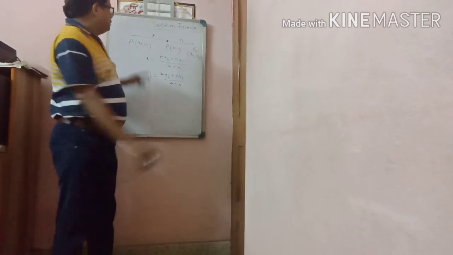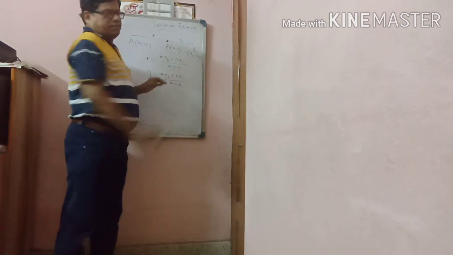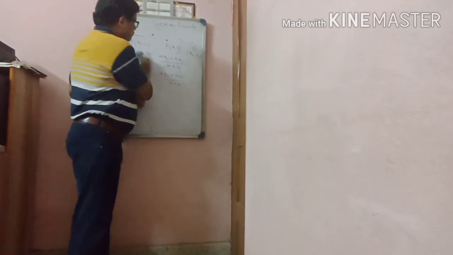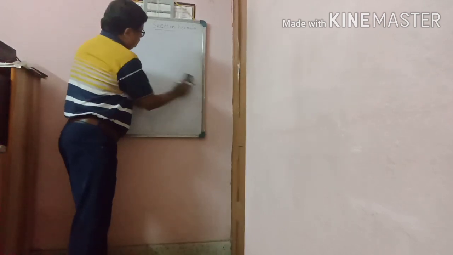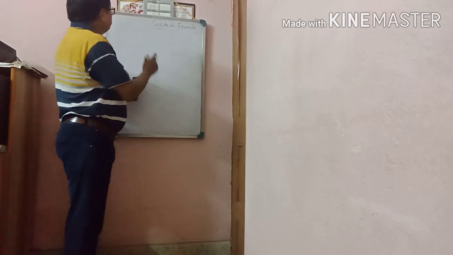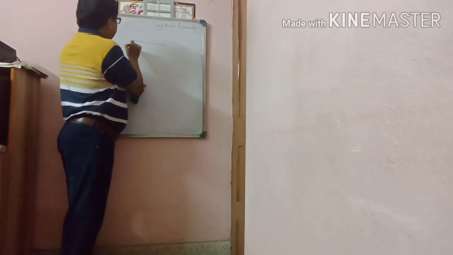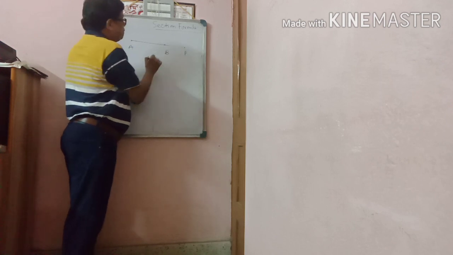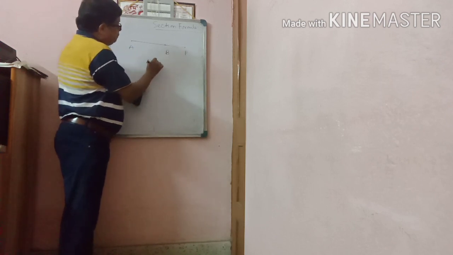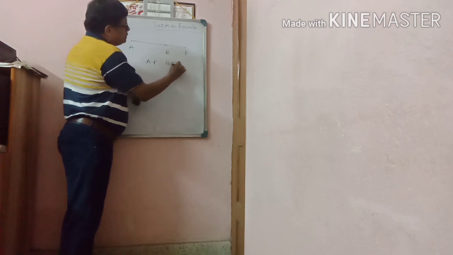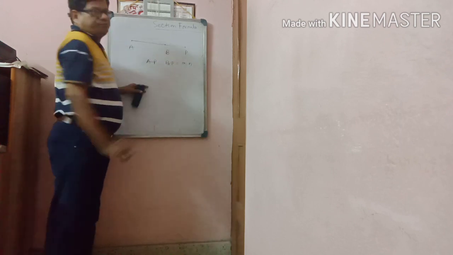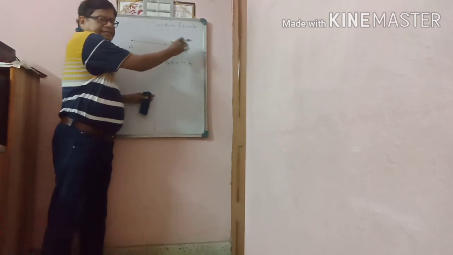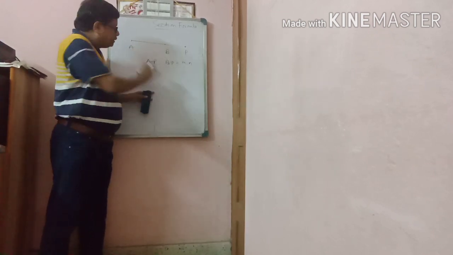If the line segment you have to extend, suppose the line segment AB is extended up to P. Suppose AP is to BP is M is to N. See here, P is an external point outside of AB.